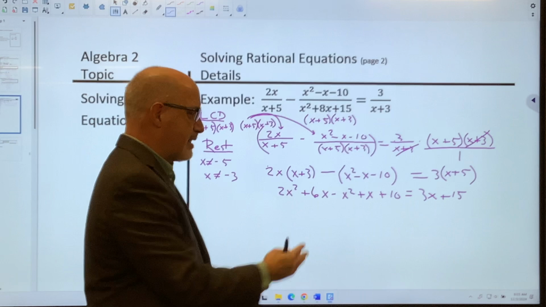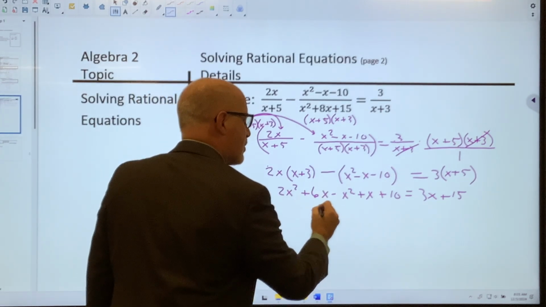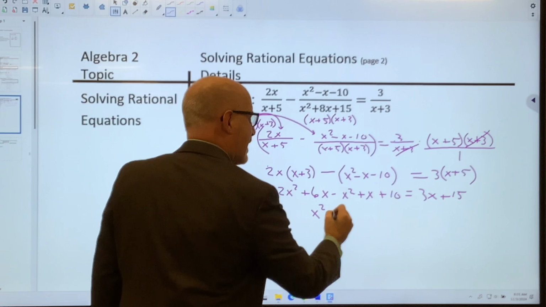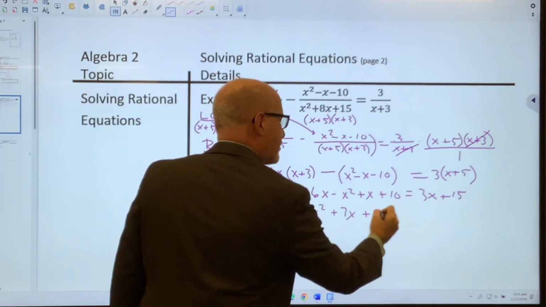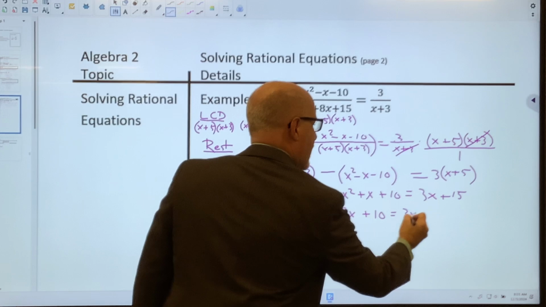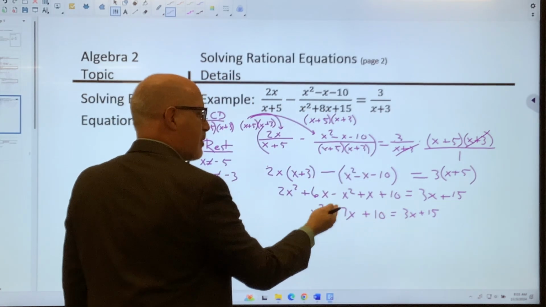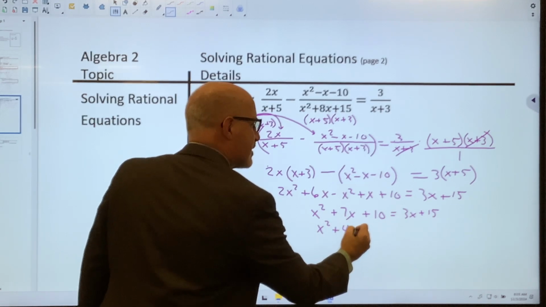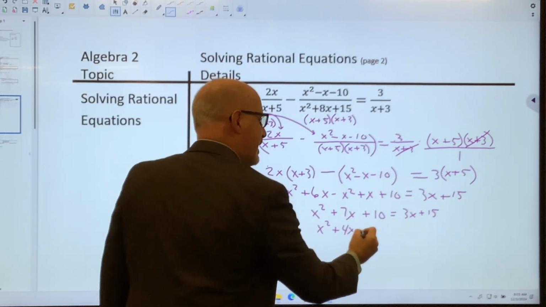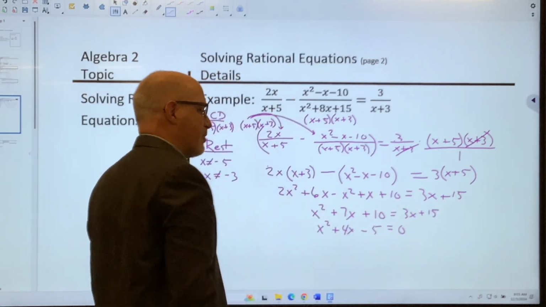Let's go ahead and simplify this side. 2x squared minus x squared is just 1x squared. 6x plus x is plus 7x. And then we've got the plus 10. Now let's go ahead and solve by getting it equal to 0. So subtract 3x from both sides. X squared plus 4x. And then subtract the 15, you get minus 5. It's going to equal 0 by subtracting those two.